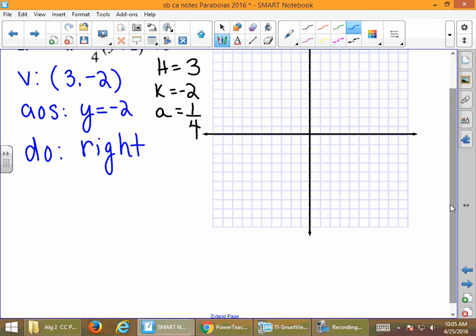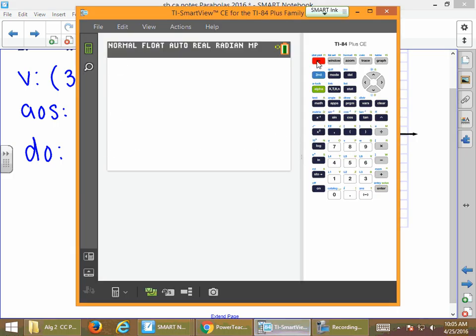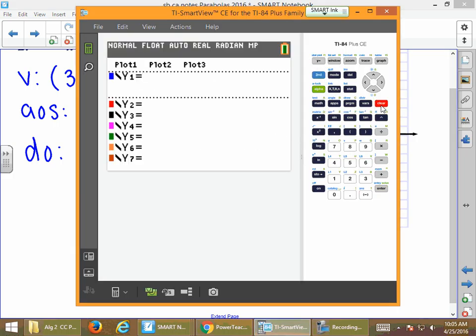But our calculators typically don't graph x equals. So what I'm going to start with is I'm going to graph this on the calculator as y equals. So when we type this in, instead of x equals, I'm going to type in y equals 1/4 times x plus 2, quantity squared, plus 3.